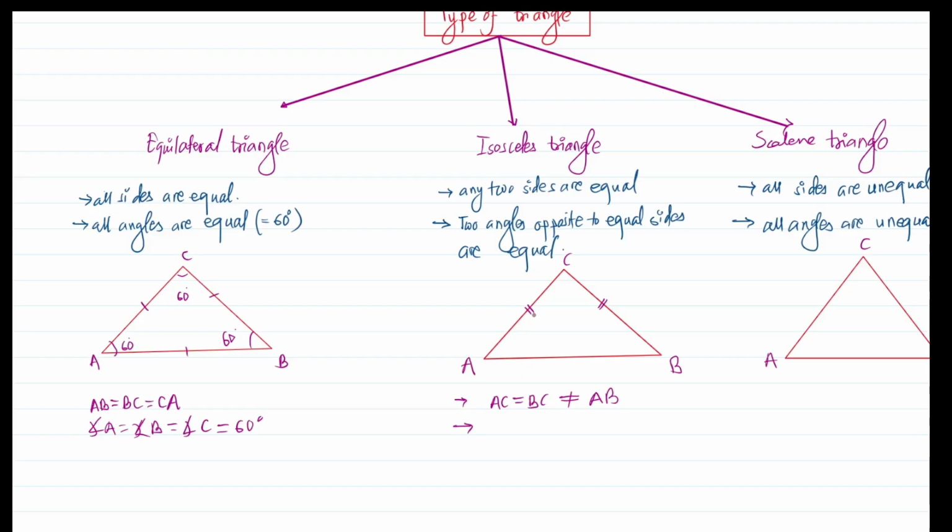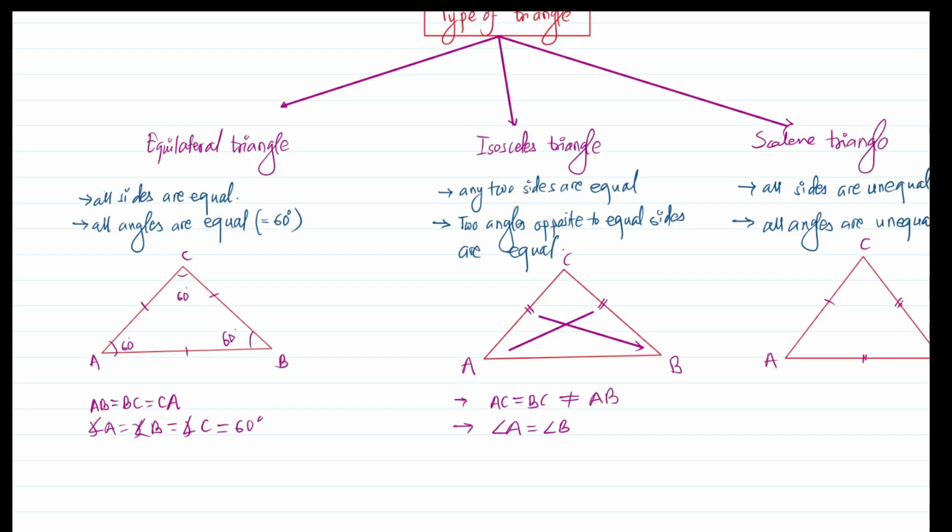The angle opposite to AC is angle B, and the angle opposite to BC is angle A. So angle A is equal to angle B. And in the case of a scalene triangle, all sides are different.